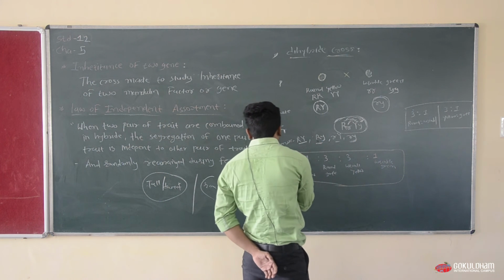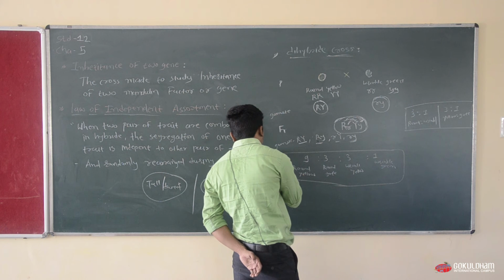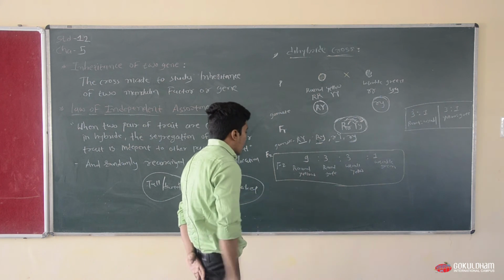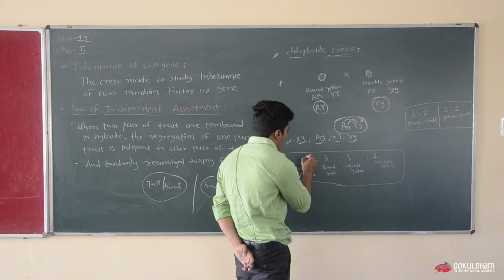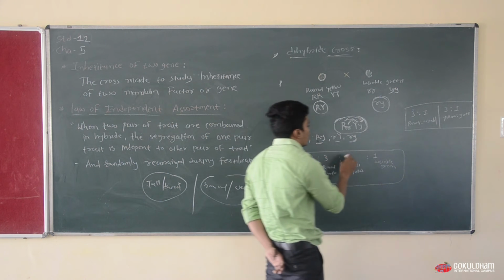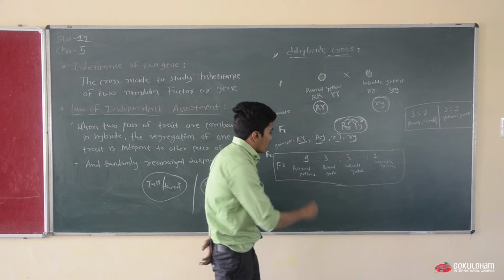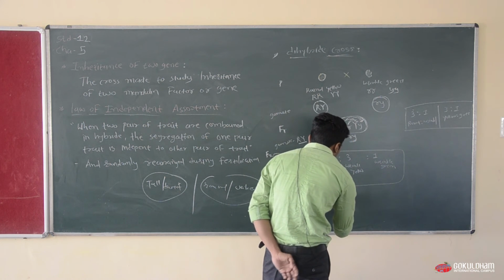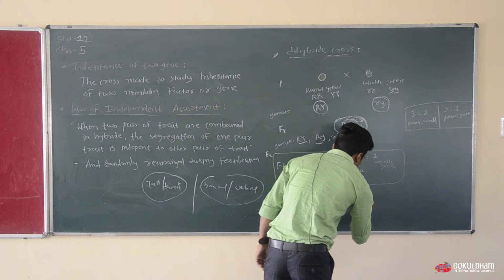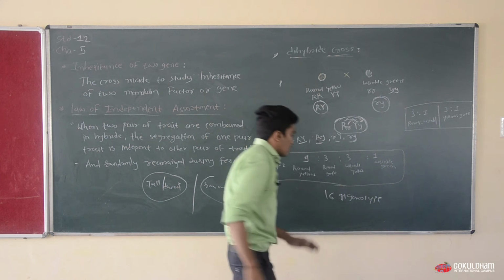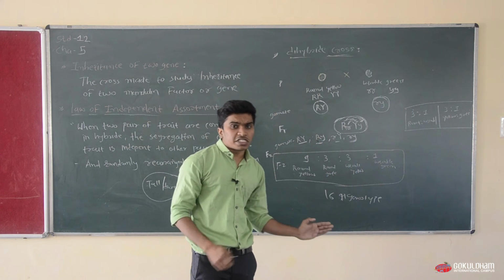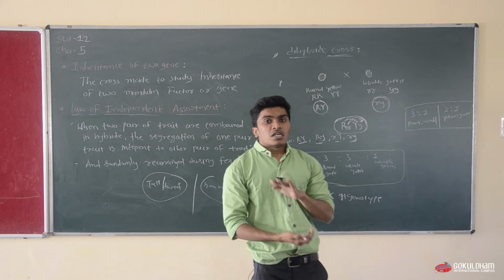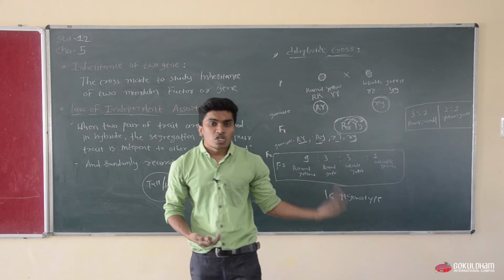As a result of this, in the F2 generation there are 4 different kinds of phenotype combinations in the ratio 9:3:3:1, and 16 genotypes. Remember that in the F2 generation of a dihybrid cross, 16 types of genotypes and 4 types of phenotypes are formed.